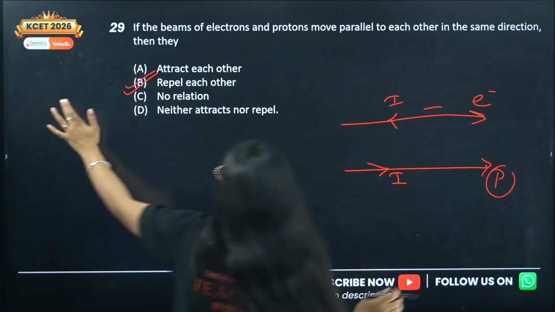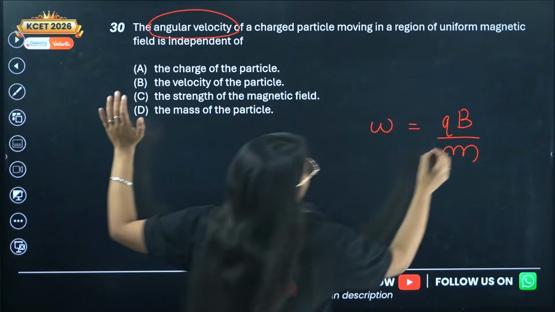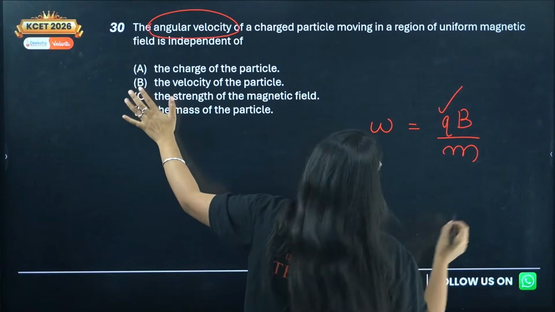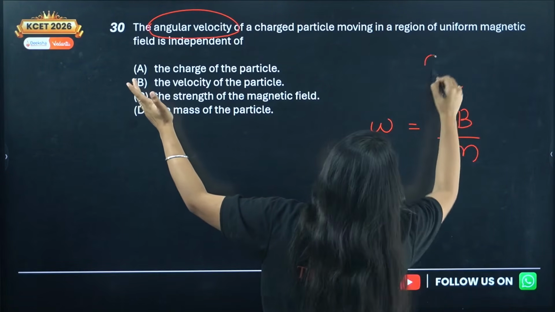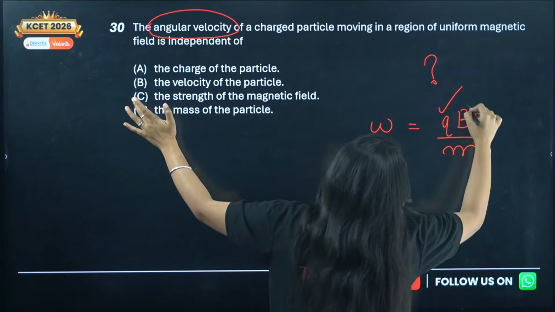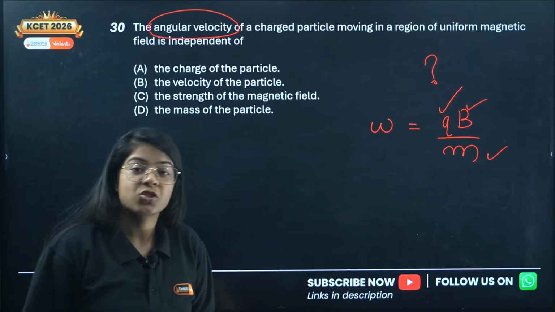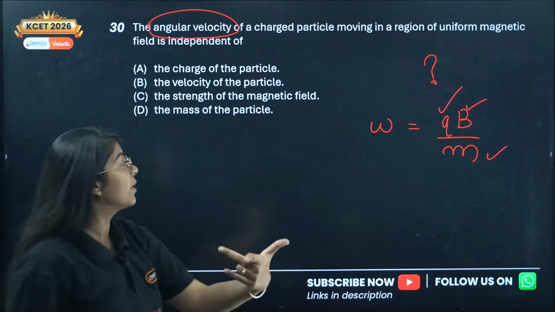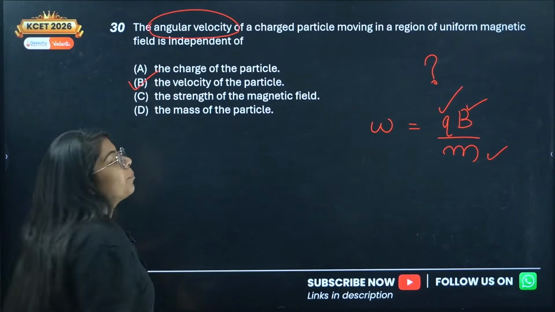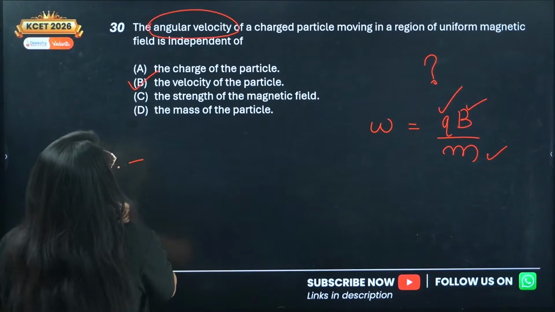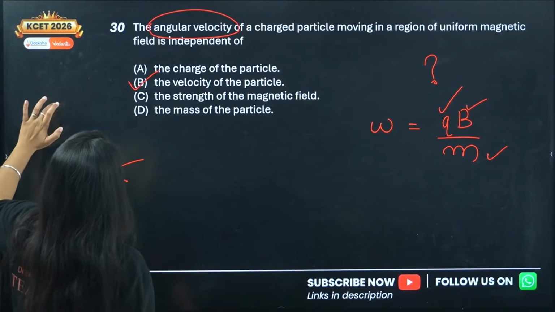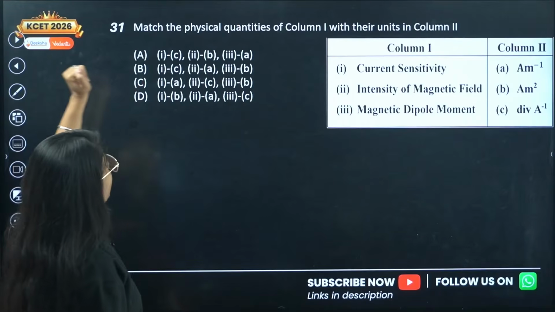Does it depend on the velocity? Strength of the magnetic field? Definitely. Mass of the particle? Definitely. So it is independent of the velocity of the particle. Correct. The angular velocity is independent of the velocity of the particle.